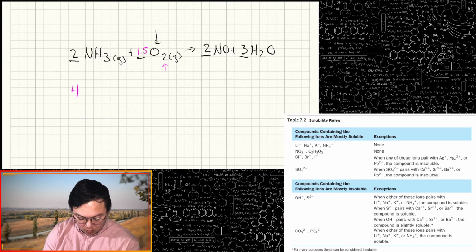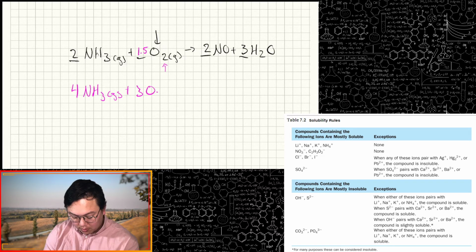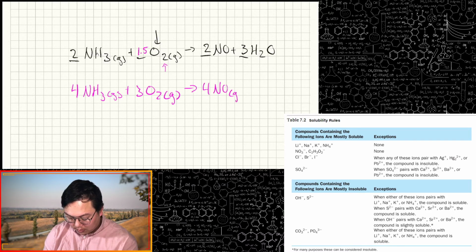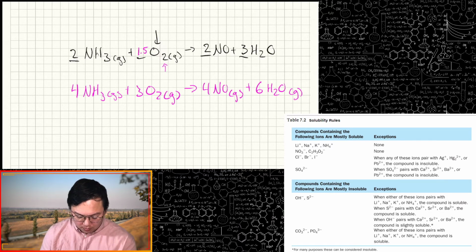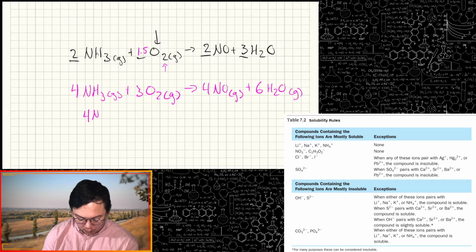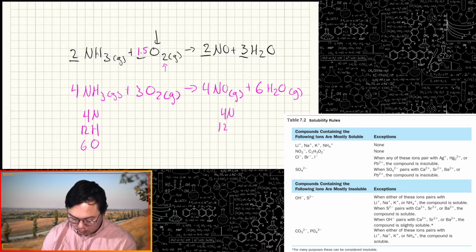So we'll get 4 NH3 gas plus 3 O2 gas gives 4 NO gas and 6 H2O gas. I'm assuming those last two are gases. Okay, and then we assessed: 4 nitrogen, 12 hydrogen. Yep.